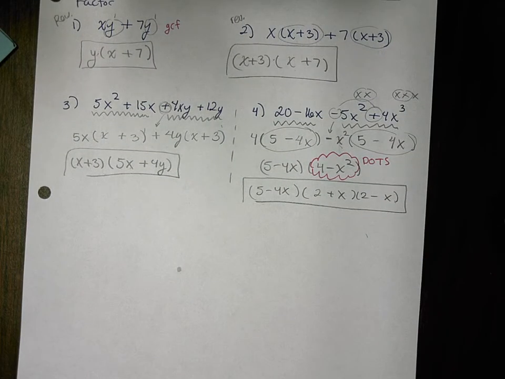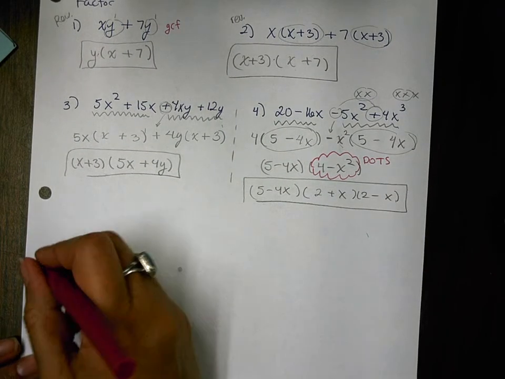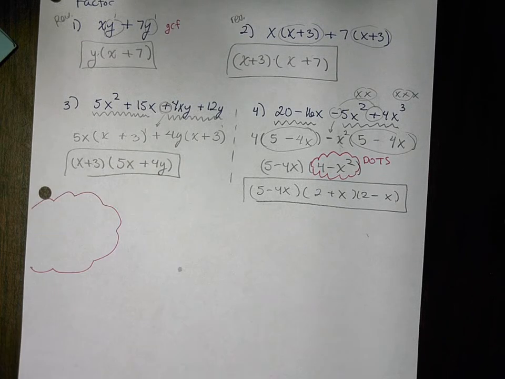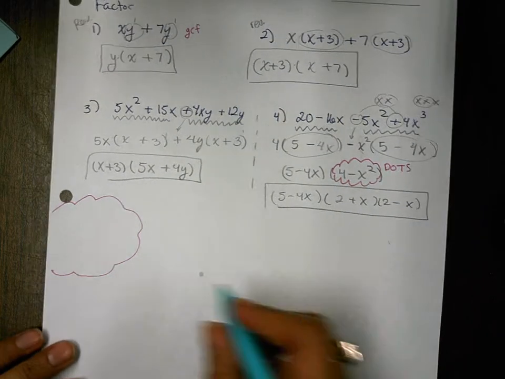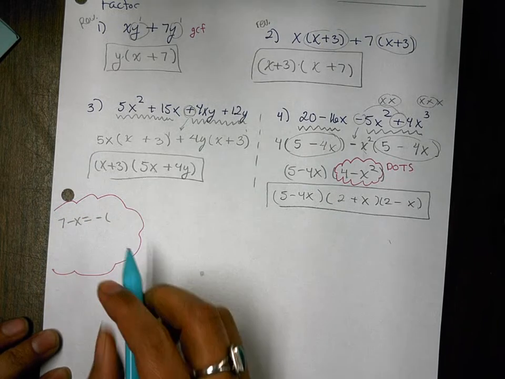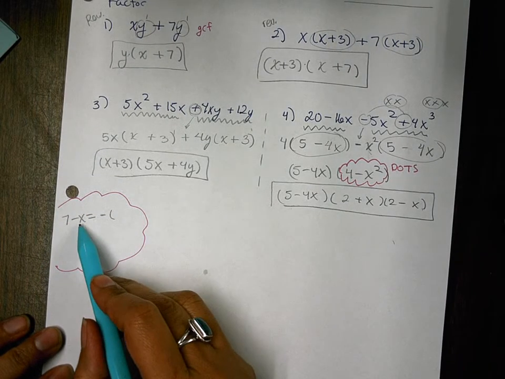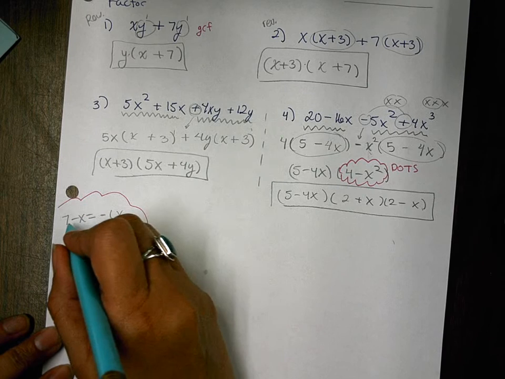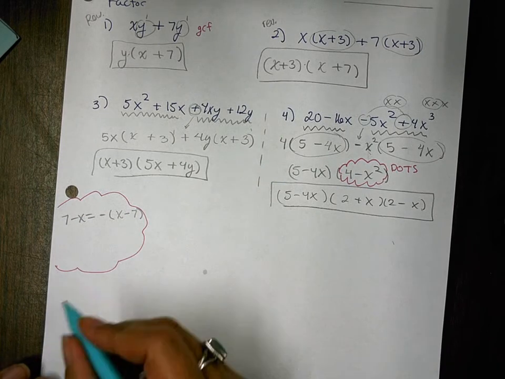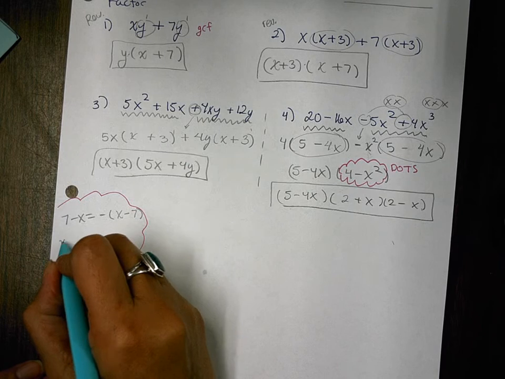Okay, before we move on, I'm going to put a little thinking bubble here about factoring out negatives. What happens if you factor out a negative? 7 minus x, if you pull a negative out to the front, it's going to make that negative x positive and that positive 7 negative. And that works anytime. Let's say you had x minus 5.